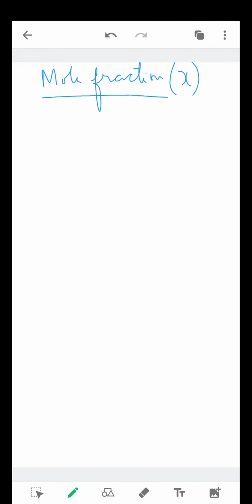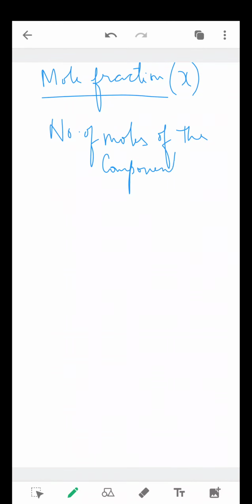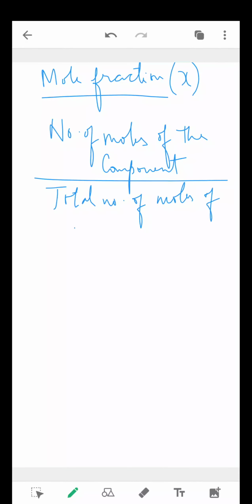Okay, so mole fraction is number of moles of the component divided by total number of moles of all the components.